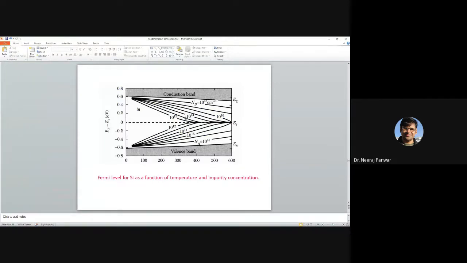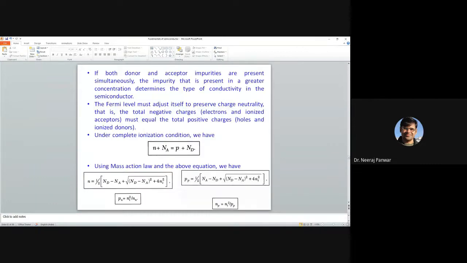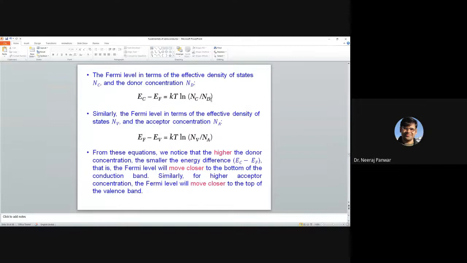Now, if we increase the donor concentration, the difference between Ec and Ef becomes smaller. This means the Fermi level moves closer and closer to the bottom of the conduction band.